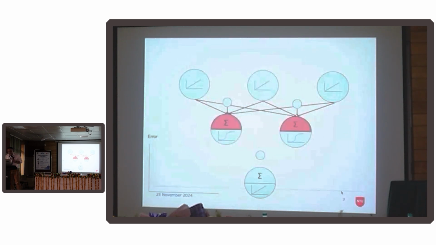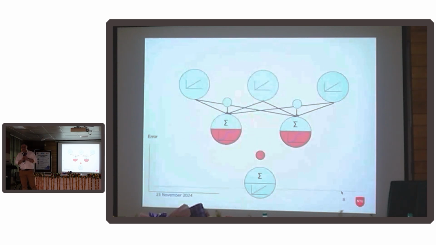Those values are then passed into what we call the activation function, or transfer function. In this case, it's a sigmoid, an S-shaped curve. If the sum of the weighted values is very low, it will be down here and produce a weak signal. If the sum of the weighted values is here, it will produce a strong signal.